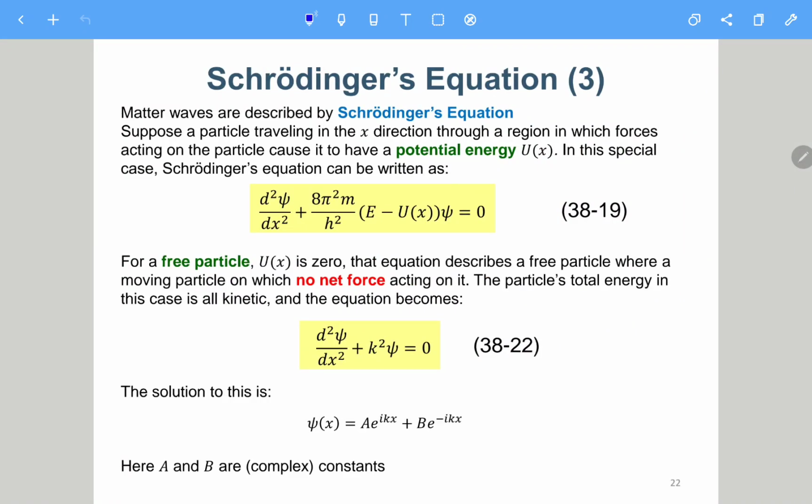So in this case, if we assume this is a free particle, we will get this. We will simplify the Schrödinger equation to be this way, and then the solution of it will be like this. Phi of x equals a times exponential to ikx, or jkx is the same, I and j are also square root of -1, and then plus b times exponential to minus kx.